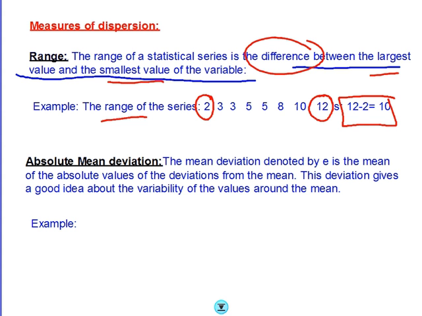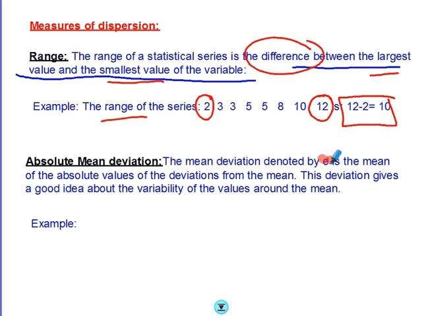The second characteristic of dispersion is called the absolute mean deviation. What do you mean by absolute mean deviation? You have already watched the video about the meaning of absolute mean deviation, but briefly, the mean deviation will be denoted by small e. This small e means absolute mean deviation.